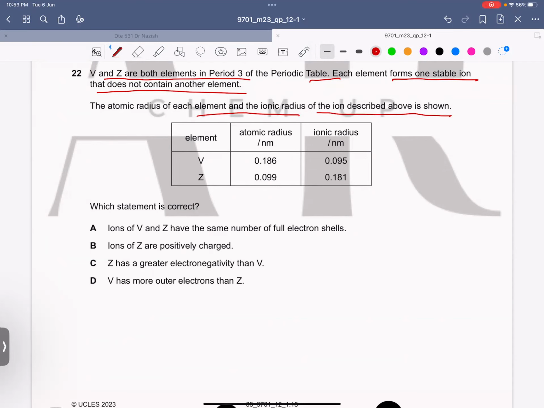So if you compare V, the ionic radius is decreased, which means V is a cation. And here, the ionic radius is increased, which means that it is an anion. Because normally in an anion, the electron is gained in the same shell, so that's why it gets bigger.